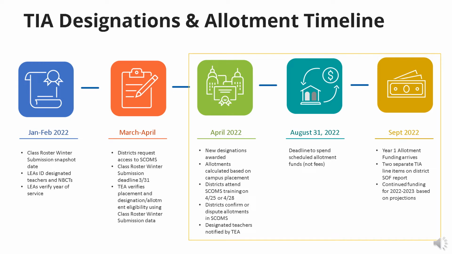If there are district-specific questions, the TIA team is always happy to address questions that may come from your finance team. As I said, this is a quick timeline and involves some key actions over several months. But by taking early steps and making key decisions as they're laid out in this deck, your district will be prepared to spend the TIA allotment on teachers.